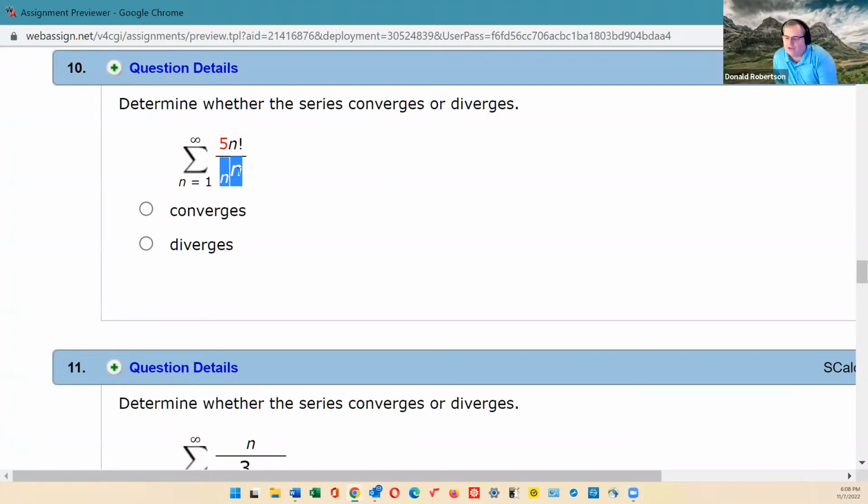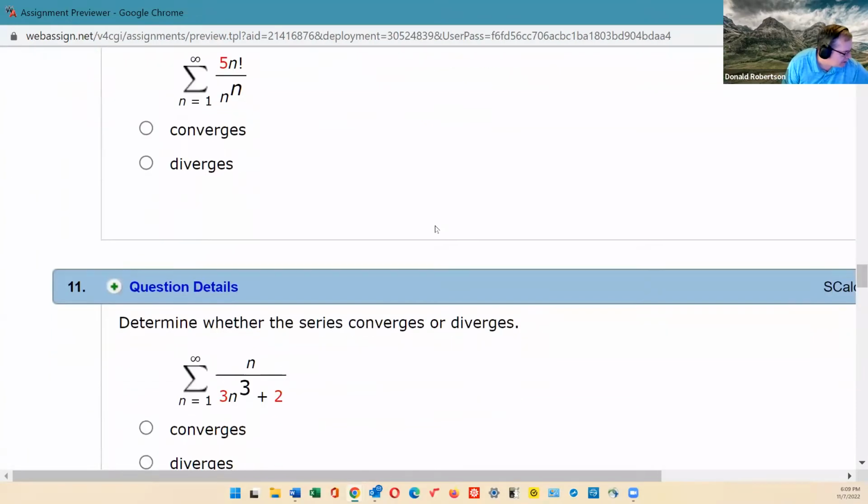That's going to converge. And if you want to know who he behaves like, you can make him behave like a 1 over n squared. And the reason for that is that isn't n to the n, n times n times n times n times n, whereas n factorial is 1 times 2 times 3 times 4. So if you only look at the last 2 terms or the last 3 terms, you can make it happen.